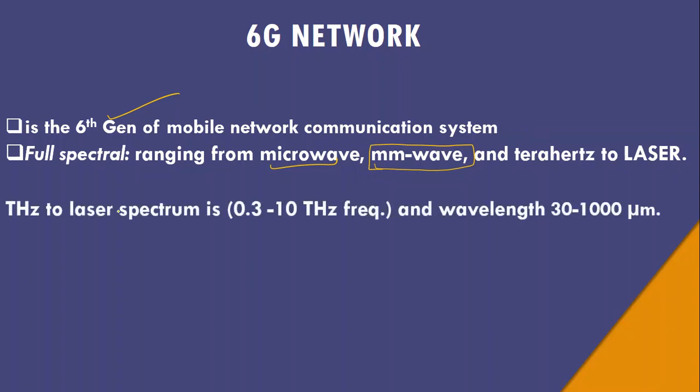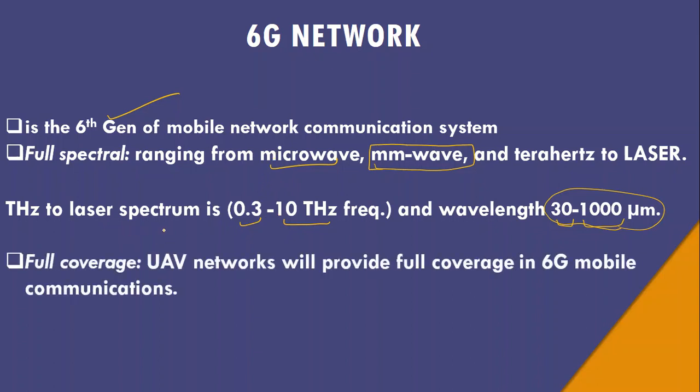The terahertz to laser spectrum starts from 0.3 terahertz to 10 terahertz, and under this frequency spectrum the wavelength is very small, from 30 to 1000 micrometers. This much wavelength is used in 6G.